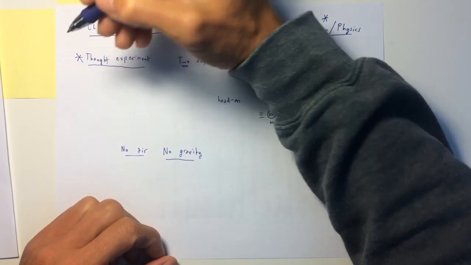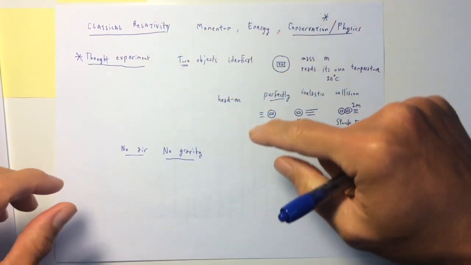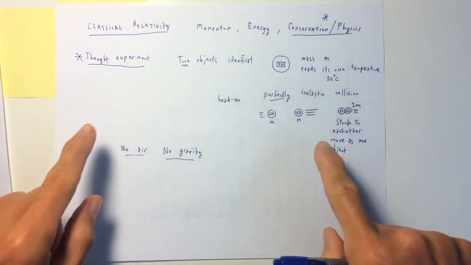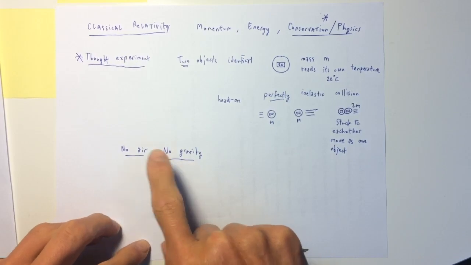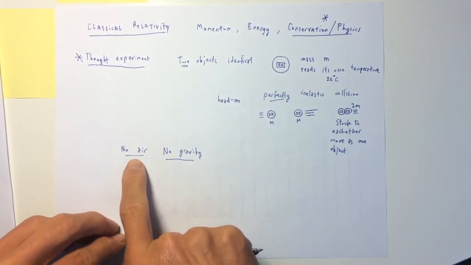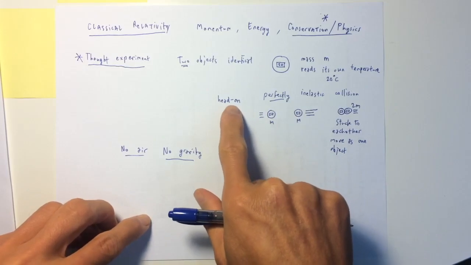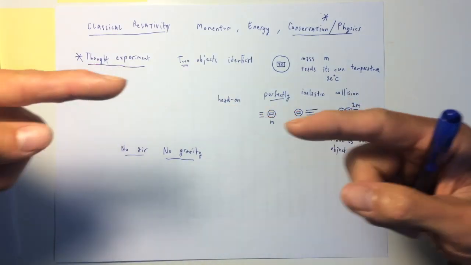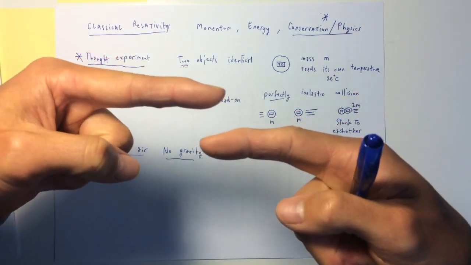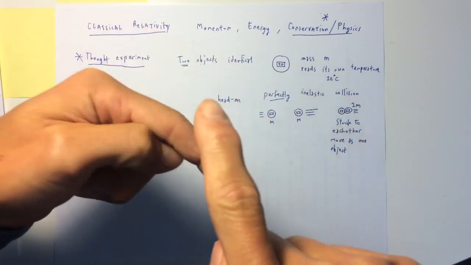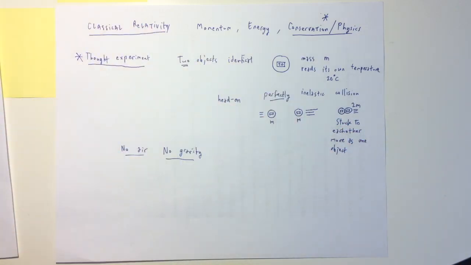This is a thought experiment, and I want a very simple setup. I don't want the complication of gravity or air resistance. I don't want the complication of them hitting each other off each other's axis so that they have a tumbling afterwards. That introduces the complication of angular momentum. I mean, there's angular momentum here, but it's just not interesting.